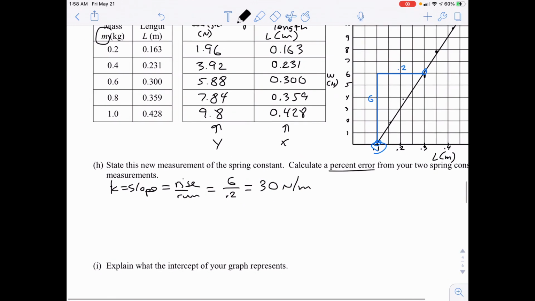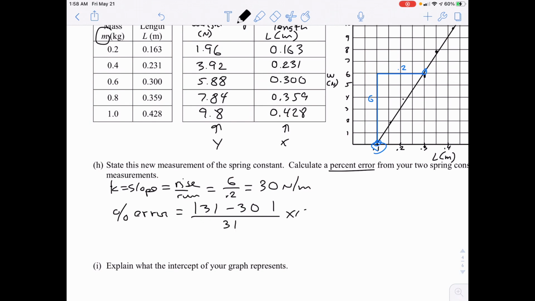And then we're going to calculate a percent error. To calculate the percent error on something like this, we're simply going to take the absolute value of the difference. So I had essentially 31 minus 30, divided by, pick one of the two, it honestly doesn't matter, 31, and times 100.